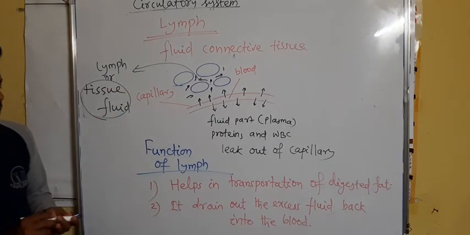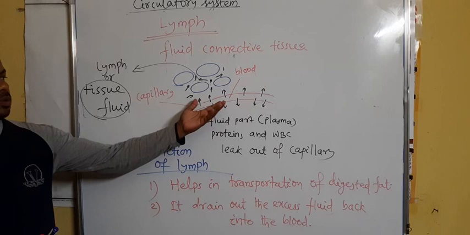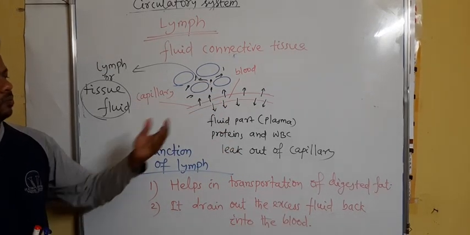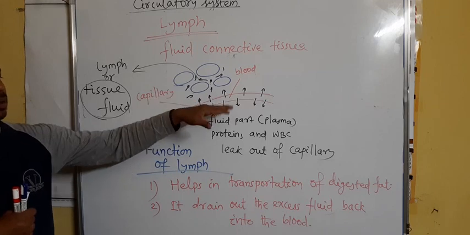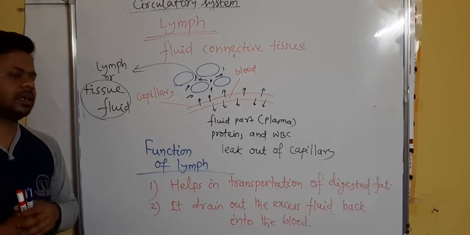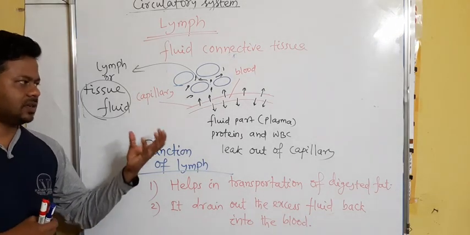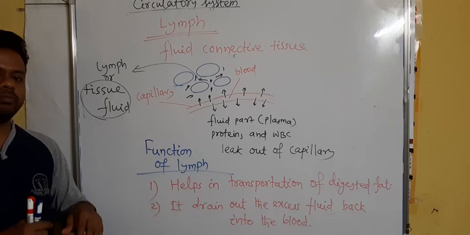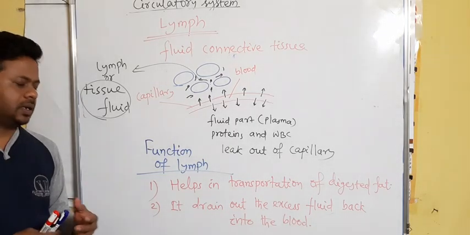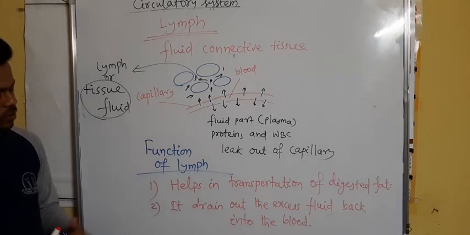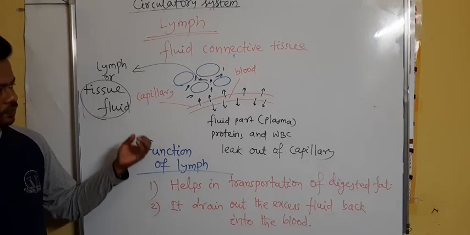As I told, this process continues: some part of the blood leaks out from the capillaries, and lymph is always formed. So the extra fluid, the excess fluid of the lymph, goes back to the blood through the lymph vessels. So these are the two main functions of lymph.